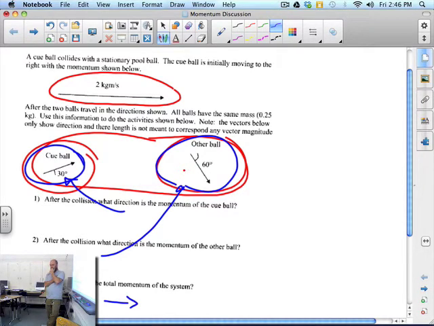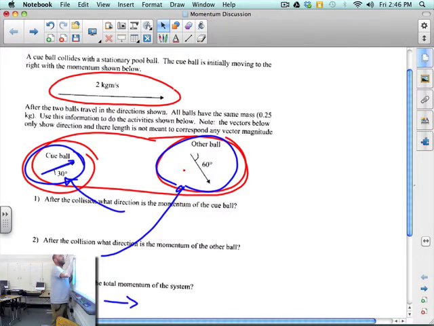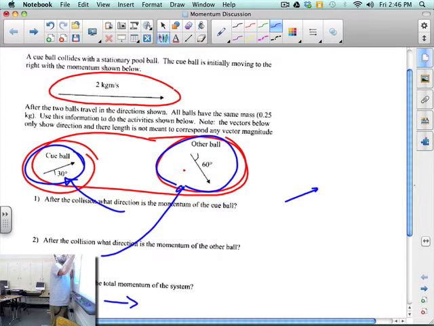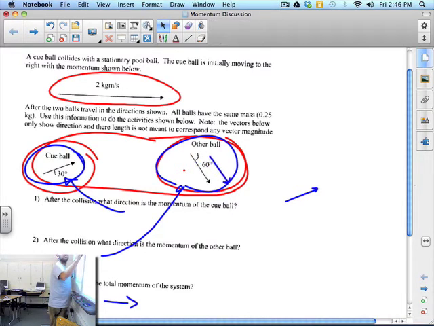Total of each. So you have to do what with these vectors? Add them up. Yeah, so then these vectors, we don't know the length, right? So I'm just going to draw it like there. I'm going to say it's some length that I don't know. And I'm going to say this vector plus this vector has to equal what? 2 kilograms meter per second.